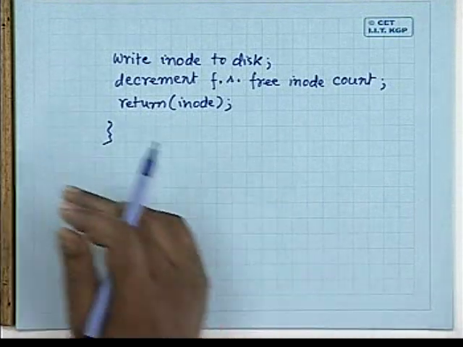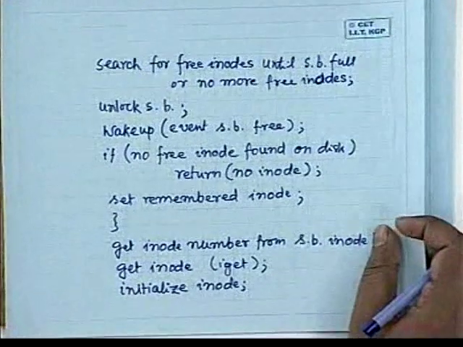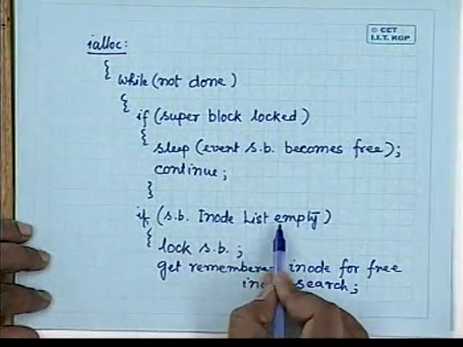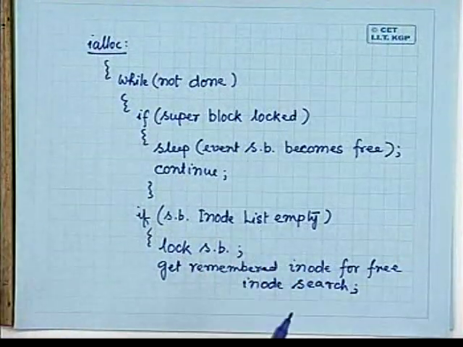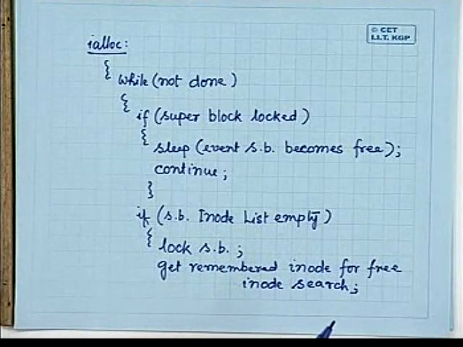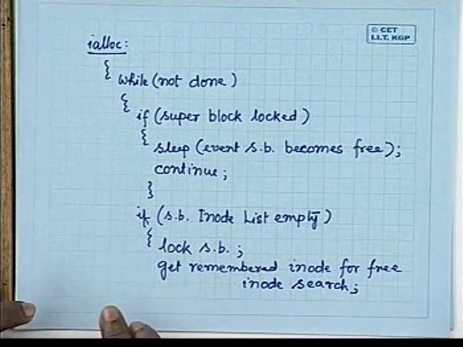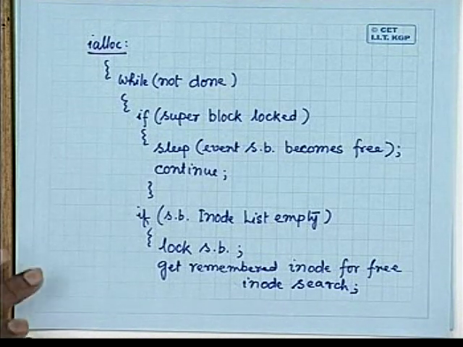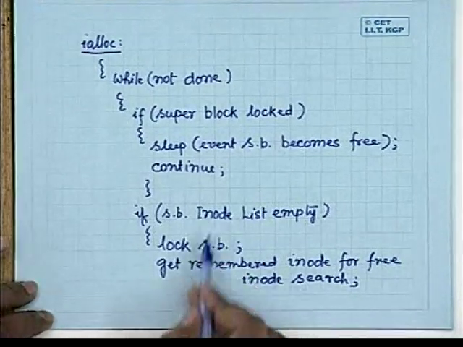But in case the superblock free inode list is empty, as I said, when it becomes empty, then I have to get the remembered inode and copy the following free, unallocated inodes into the superblock free inode list. So that is what is done here.